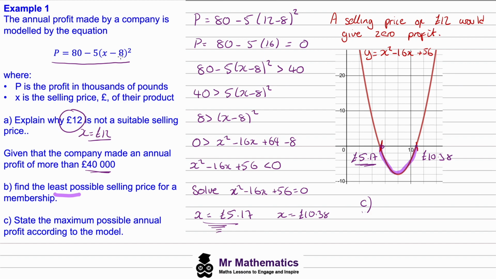Well, the x minus 8 all squared can never be less than 0 because it's a squared function. So when x equals 8, all of this will become 0. So we're left with the maximum profit when x equals £8 is £80,000. Okay?